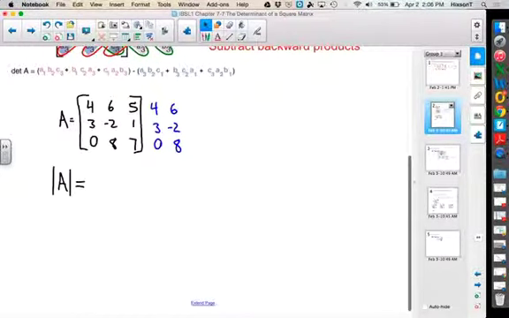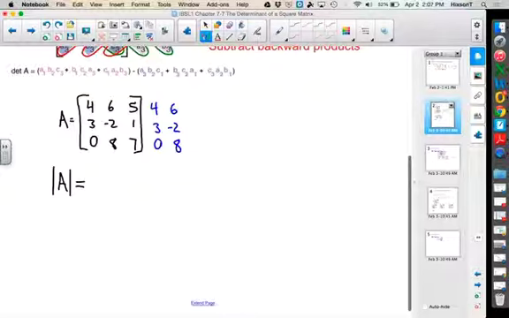Here I took that original matrix we saw at the top, copied the first column 4, 3, 0 as a fourth column, and copied the second column 6, negative 2, 8 as a fifth column. Now we look at our diagonals. As you're writing this down, space your columns out neatly so you don't accidentally get something from the wrong column in your diagonal.